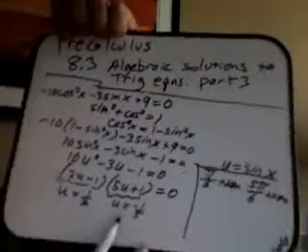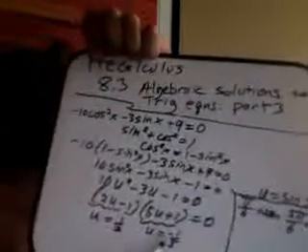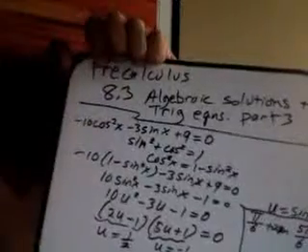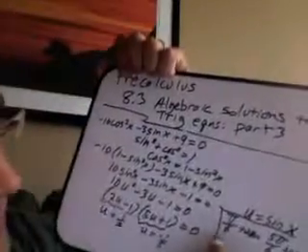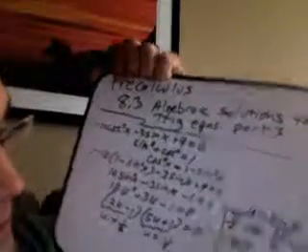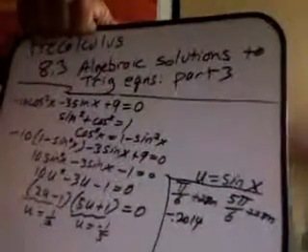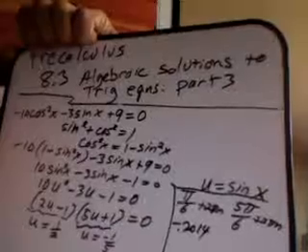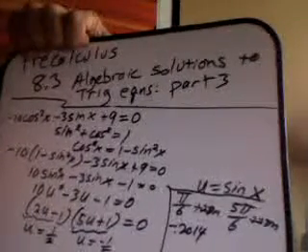This guy is messy. We take the inverse sine of negative 1/5, and we get minus 0.2014. Now that's a fourth quadrant answer. We also need a third quadrant answer.